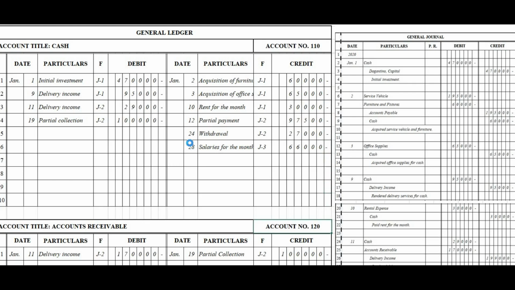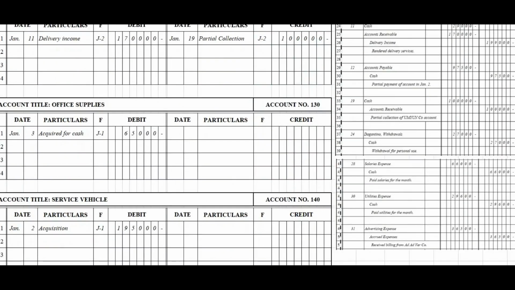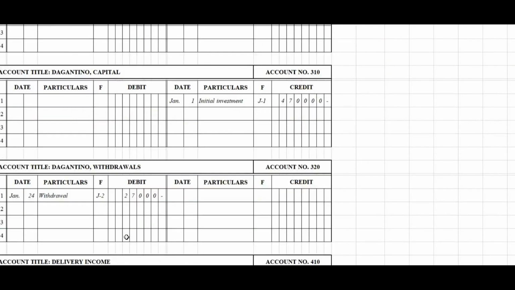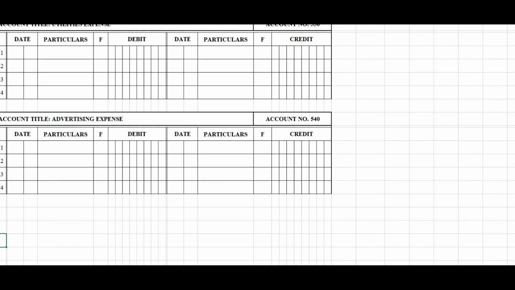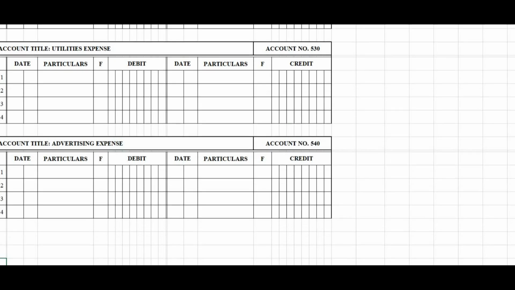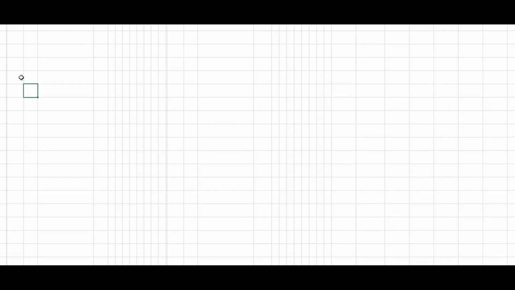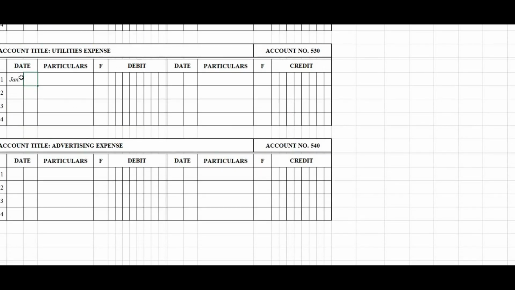Okay? So, last two. So, yung pang January 30, you have utilities expense. So, nasa baba kasi expense siya. So, the amount is, that's January 30. So, you have utilities for the month.